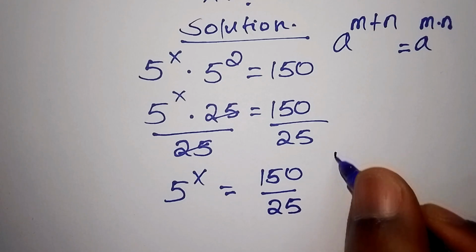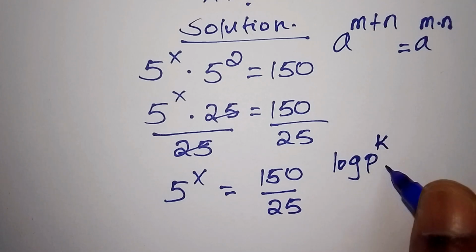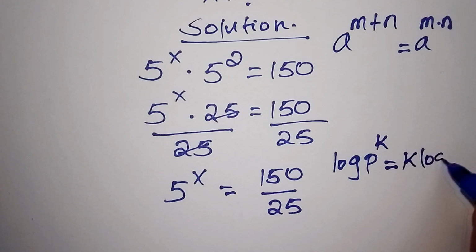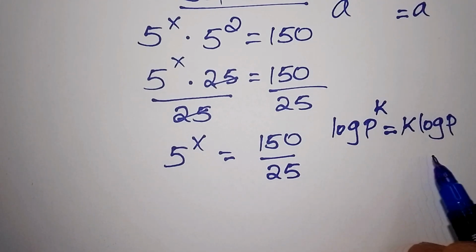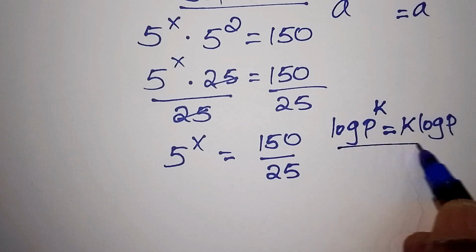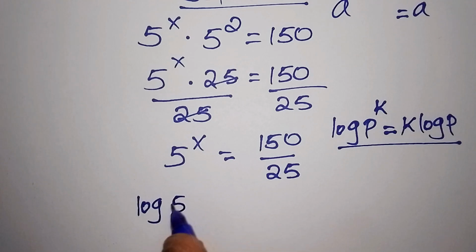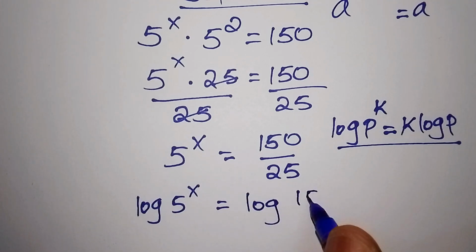Assuming that we have, for example, the log of p to the power of k, according to the law of logarithms this can be written as k times the log of p. So we shall now convert this maths problem into logarithms. We have the log of 5 to the power of x equal to the log of 150 all over 25.